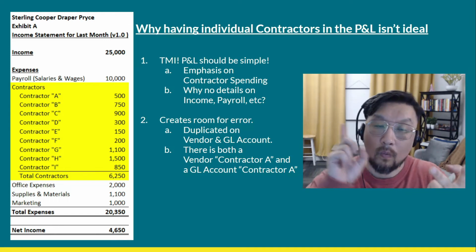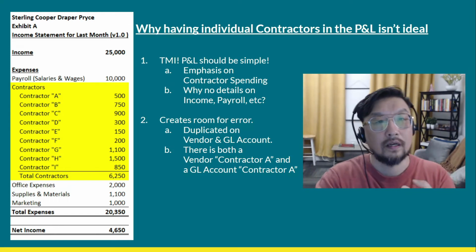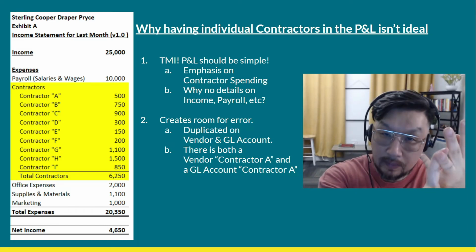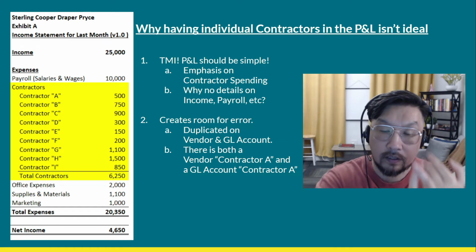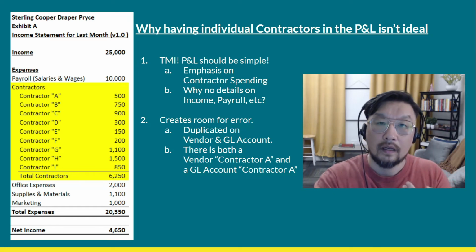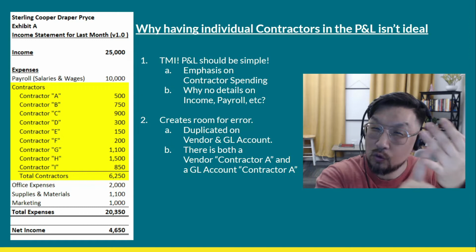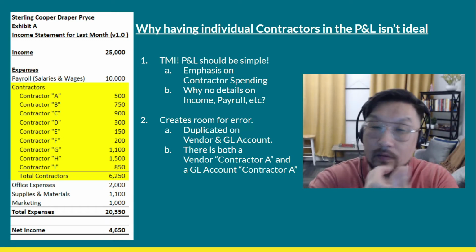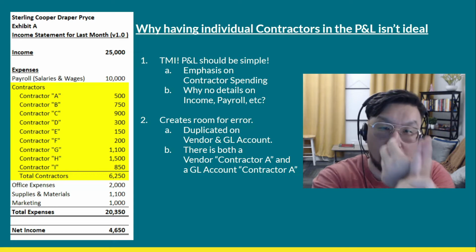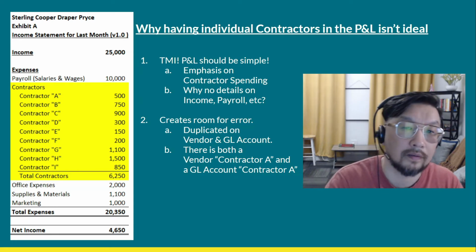You need when you paid it. You need what GL account, what expense category it goes into. That's what a GL account is, the general ledger account. And who it went to, and maybe how it went out. Did it go as a check, wire, credit card? What was the payment method?